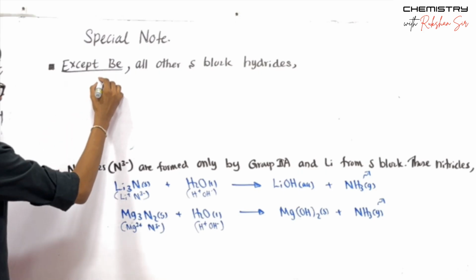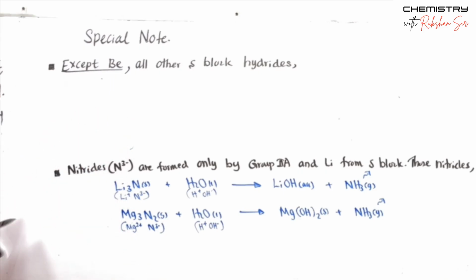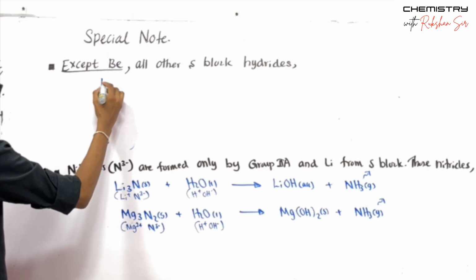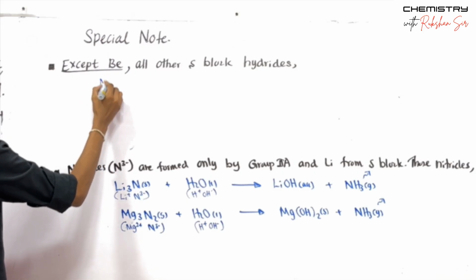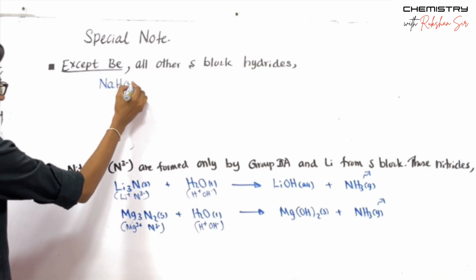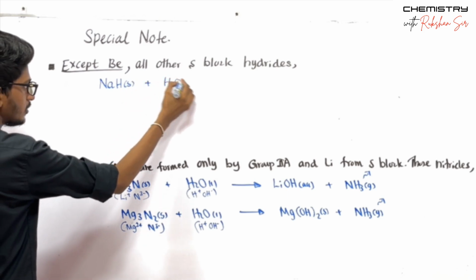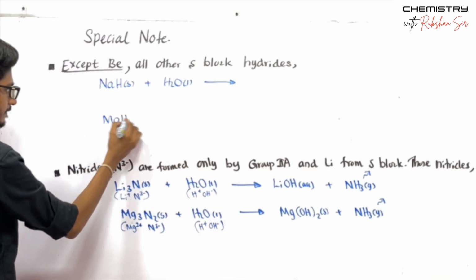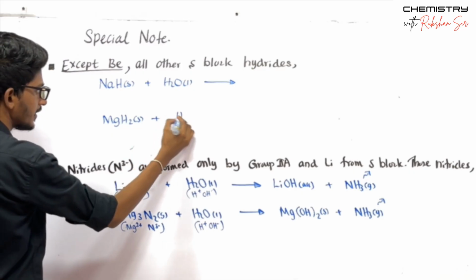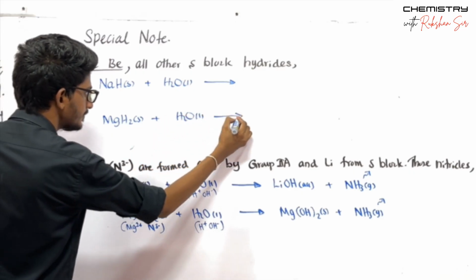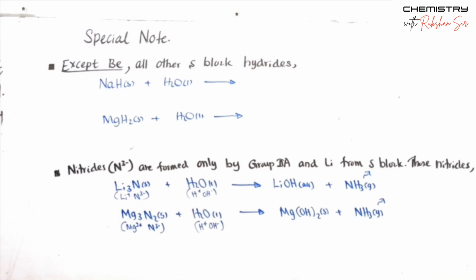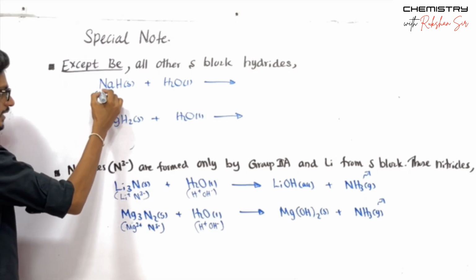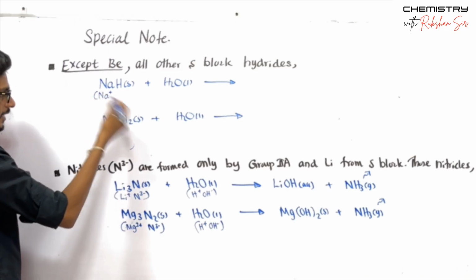Let's take sodium to represent the group 1 and magnesium to represent the group 2. Sodium hydride will react with H2O. Even the magnesium hydride will react with H2O. What kind of reaction, what kind of products do we expect? When sodium hydride reacts with H2O, it is a kind of ion exchange, right?